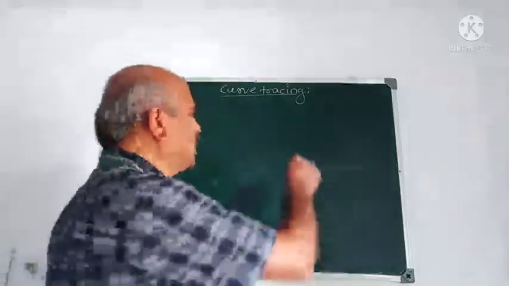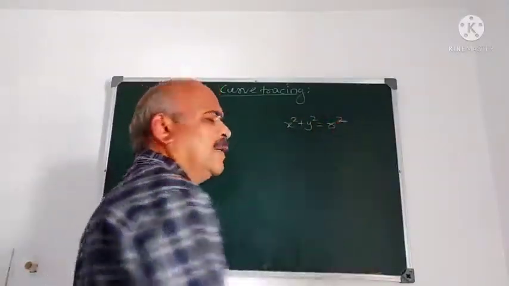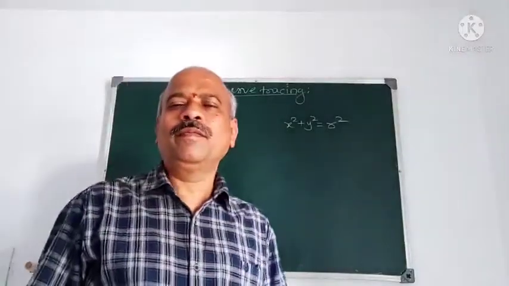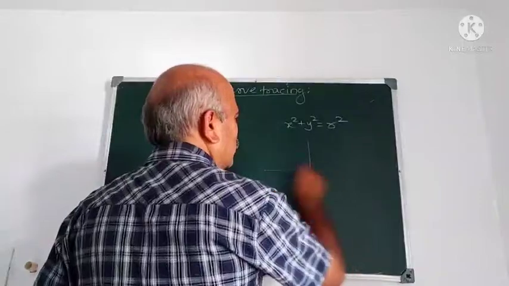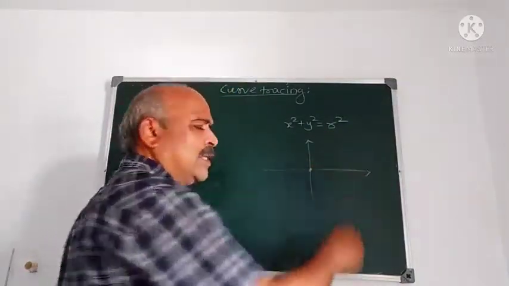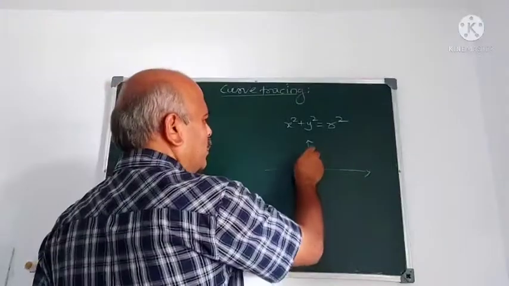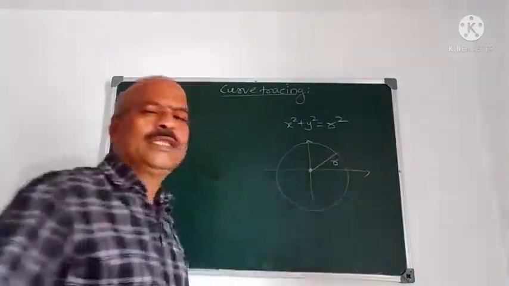Suppose the equation of the circle is given like this: x square plus y square is r square. Then you can easily draw this circle, because here center is origin, radius is r. We consider the coordinate axis, center is origin, and taking radius as r, we draw the circle.